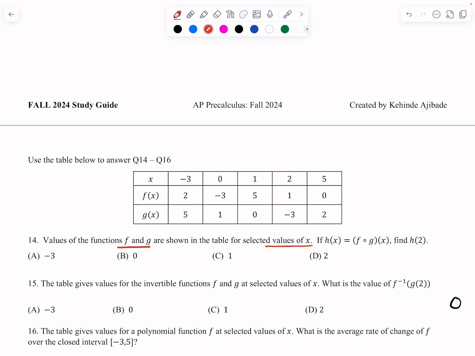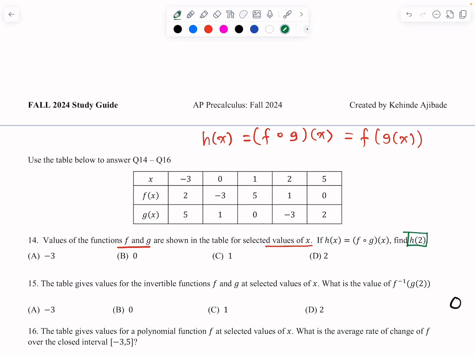And then it's saying that h of x is equal to f of g of x. What the question is asking us to do is to find h of 2.